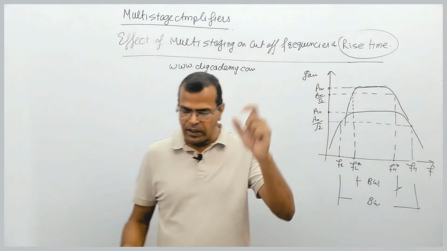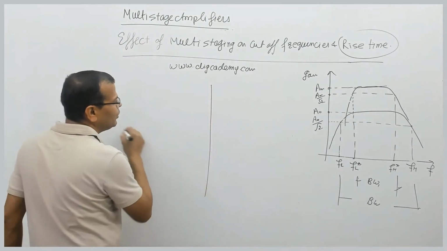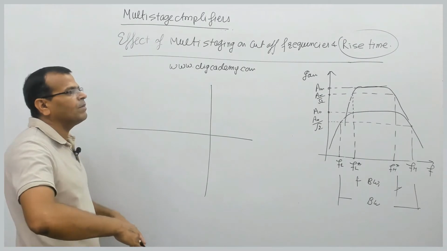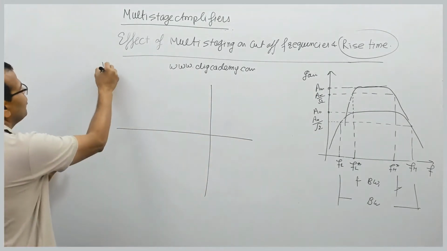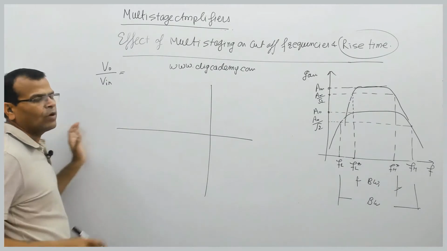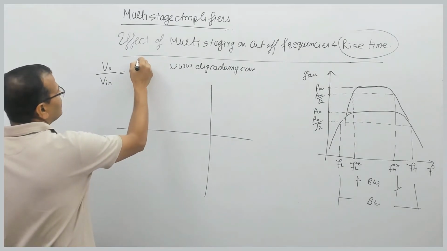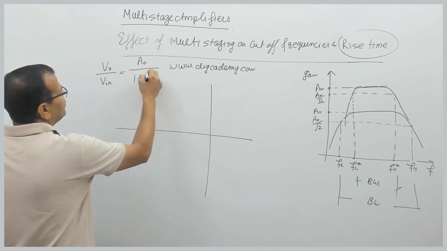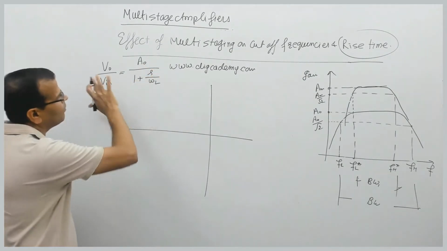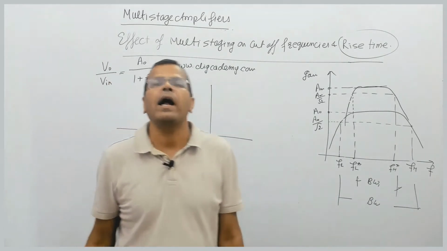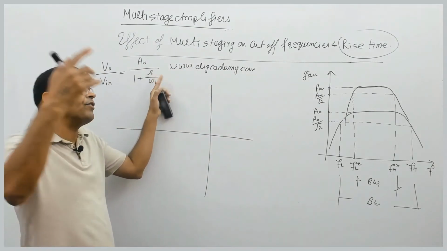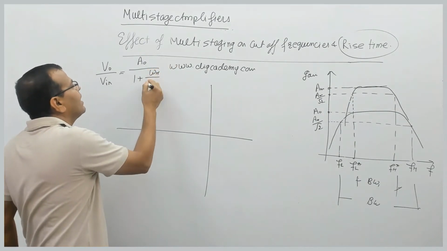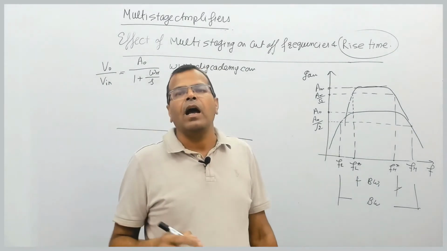Now let us talk about the concept of dominant pole. I have already shown you that every amplifier has a transfer function V naught upon V in, which at low frequency is something like gain divided by 1 plus j, that is, S by omega L. This is the transfer function of the amplifier at low frequencies, because when S is in the denominator, that is the gain at low frequencies.